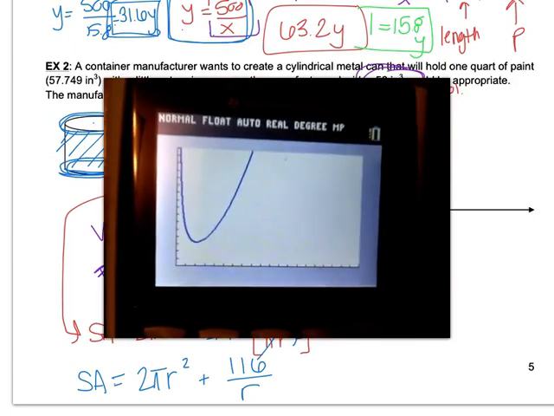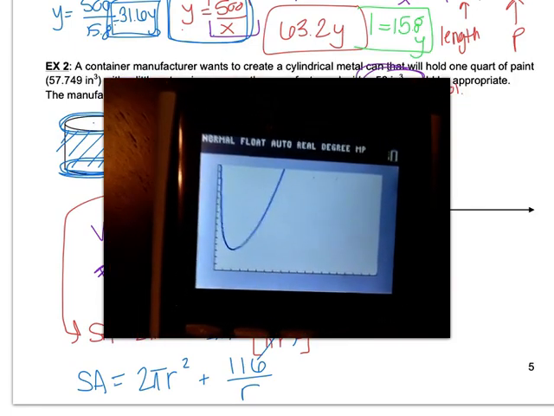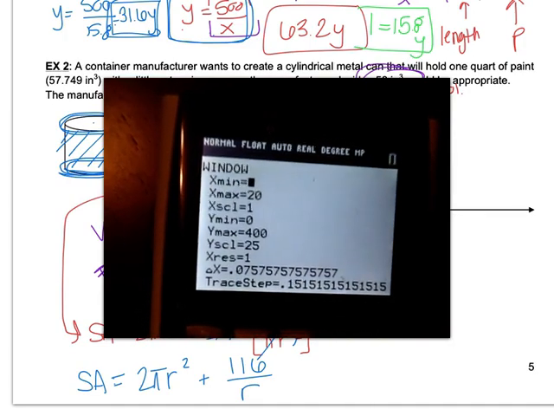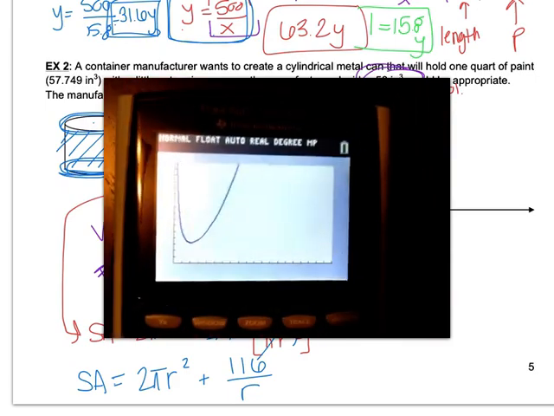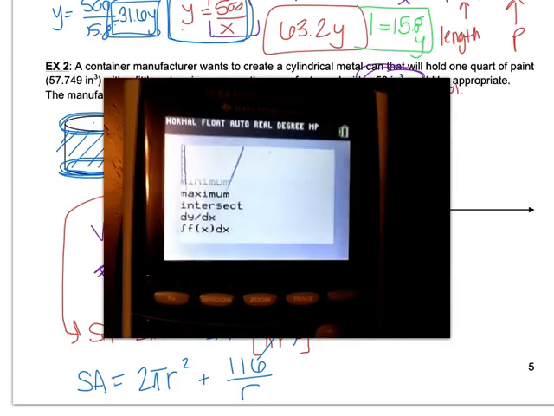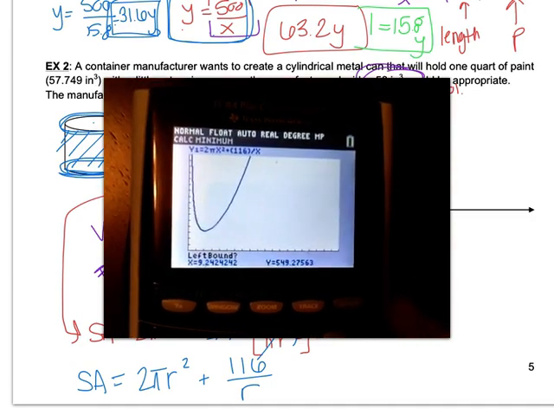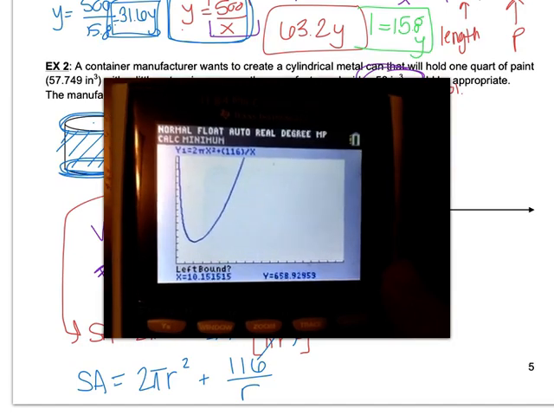There we go. So that's a pretty good graph. I definitely didn't need to go out that far on the x's. You could change that if you want, but it really doesn't matter. We've got a good picture here. So now we can minimize that and figure out the smallest amount of surface area. Now I just need to find my cursor.